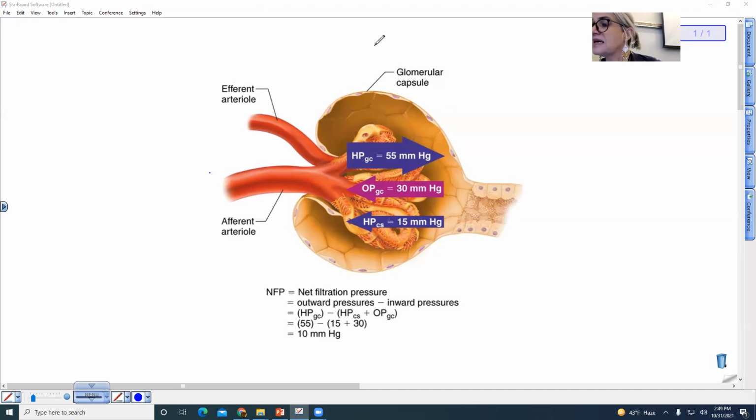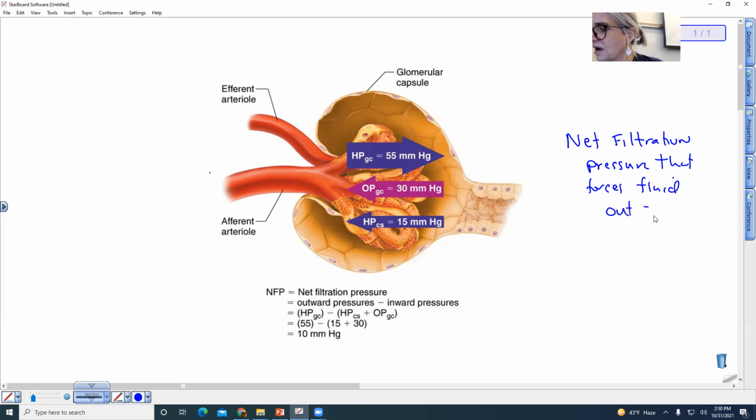It is the net filtration pressure that forces fluid out of the glomerulus and into the glomerular capsule. So we need mechanisms to regulate these pressures.